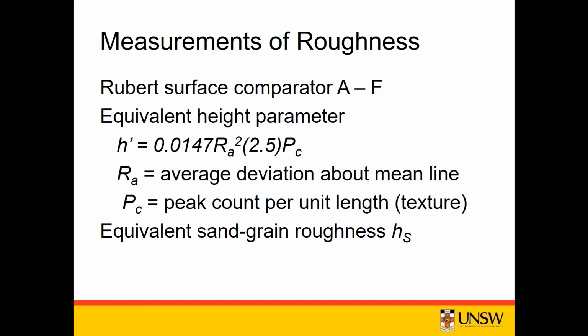The typical measurements of roughness are what are known firstly as the Rubert surface comparator, which grades surfaces with the letters A to F. You can have the equivalent height parameter, where RA is the average deviation about a mean line.